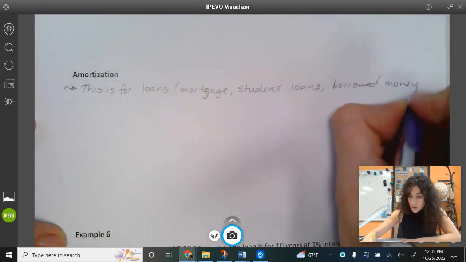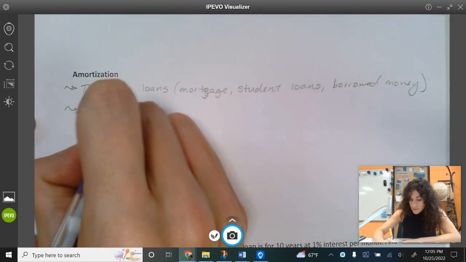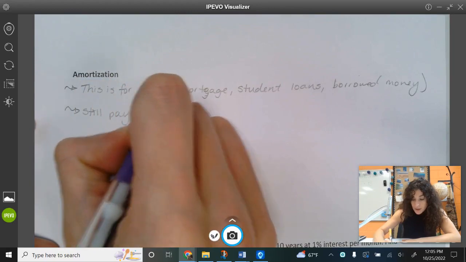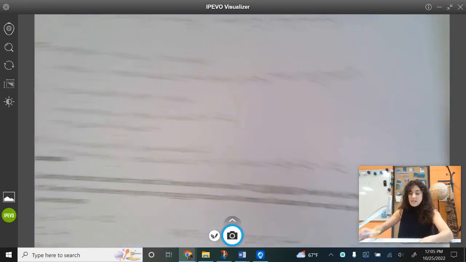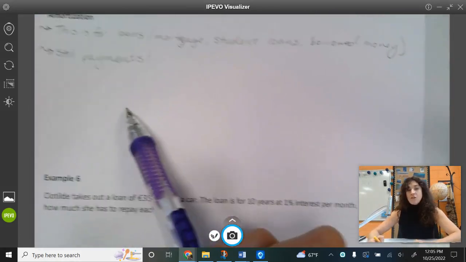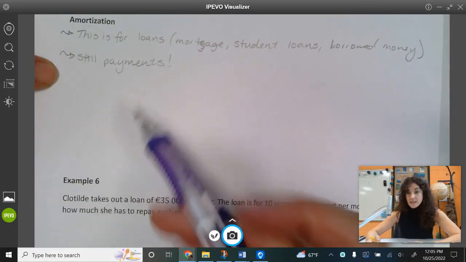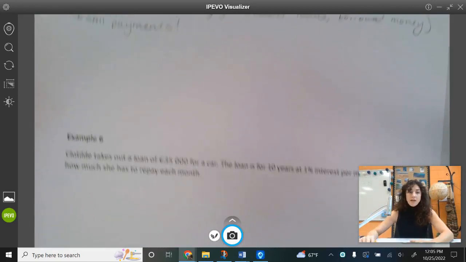Sorry, that was my phone. Still payments, and still dealing with the payments, that like the PMT and the PPY in the end, still the same stuff. And now we're just dealing with it as this idea of paying back money that is owed.